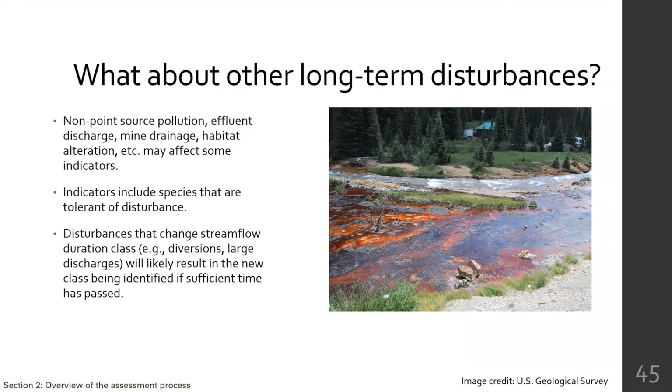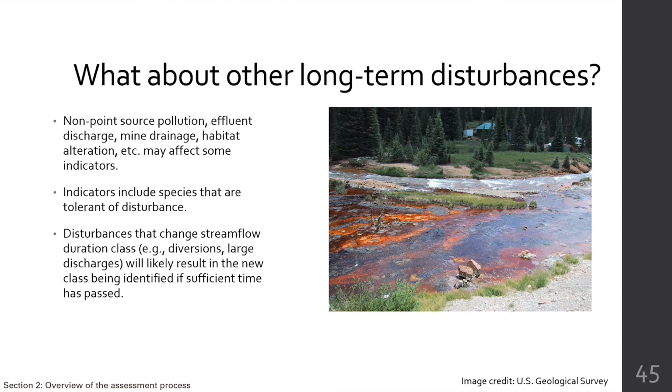What about other types of long-term disturbances? You might have pollution or mining impacts that can really affect certain indicators like sensitive aquatic invertebrates or some of the plant distribution. The methods are somewhat robust to these types of disturbances because they do include species that are often very tolerant of disturbance.